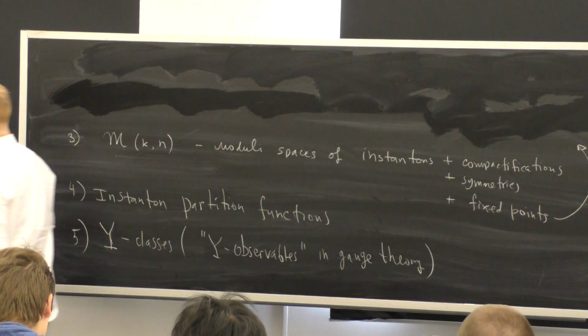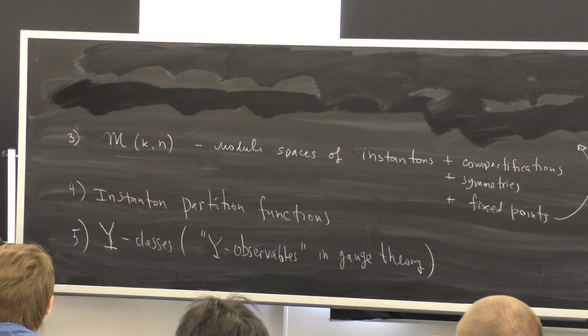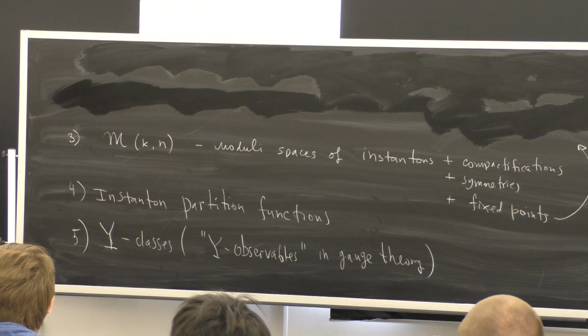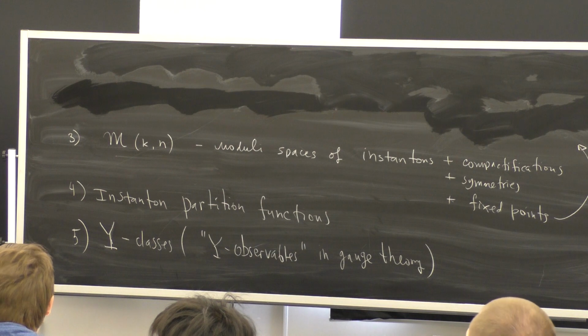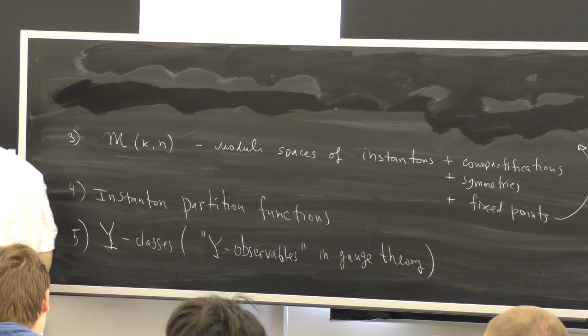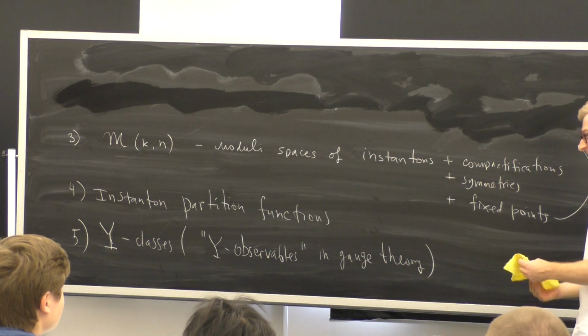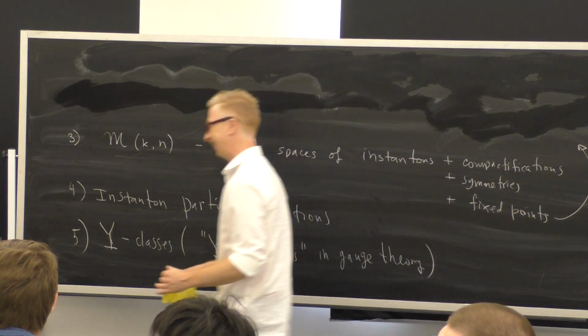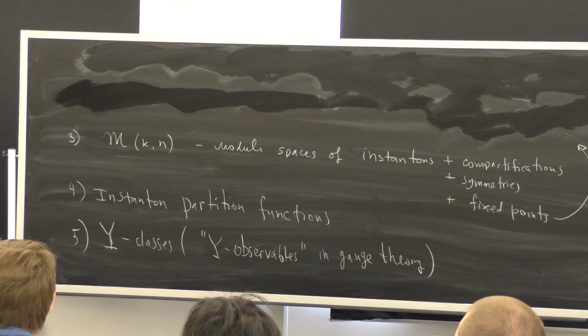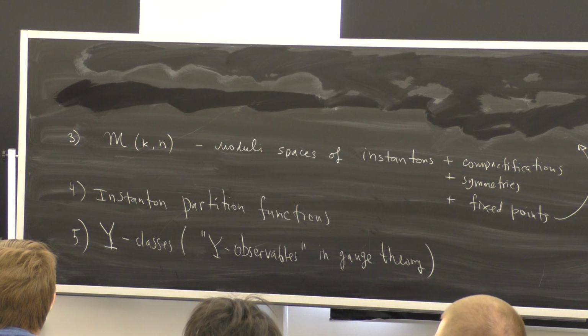Now, a famous application of this formula, Ezra is going to kill me, but okay, is in the infinite dimensional case when you take X to be a loop space of a Riemannian manifold. Maybe we should ask Ezra about it.